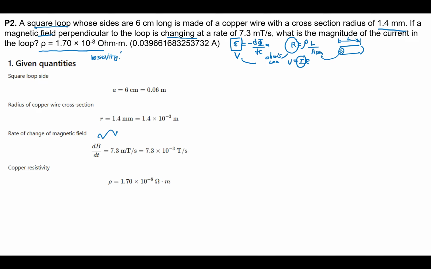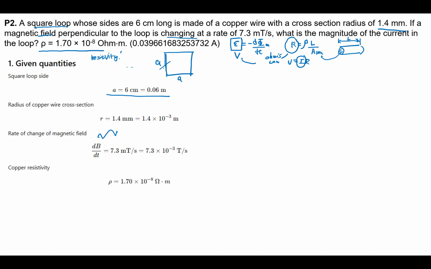So let's try to find out what is given. Square loop side is given. So square loop, side A, and radius of copper wire, this one.